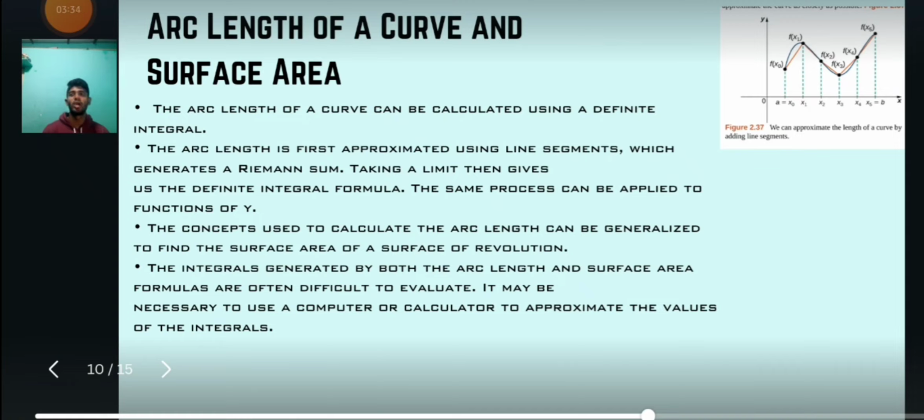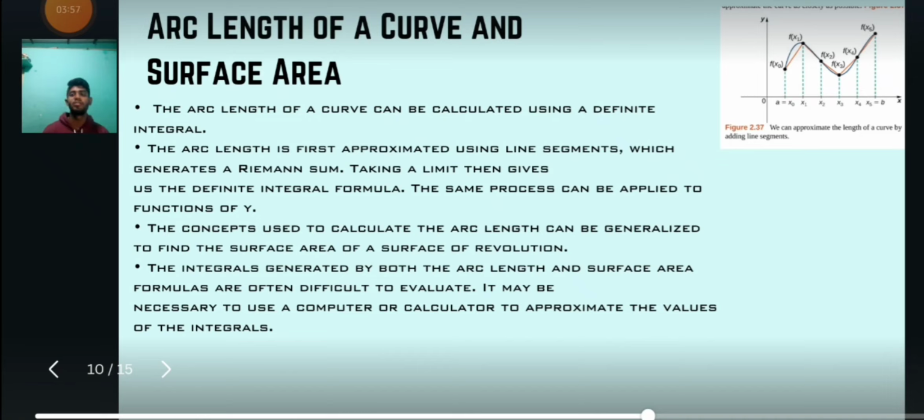Okay, to help us find the length of each line segment, we took the change in vertical distance as well as the change in horizontal distance over each interval. See in the figure, as I have presented in my presentation, because we have used a regular partition, the change in horizontal distance over each interval is given by Δx.